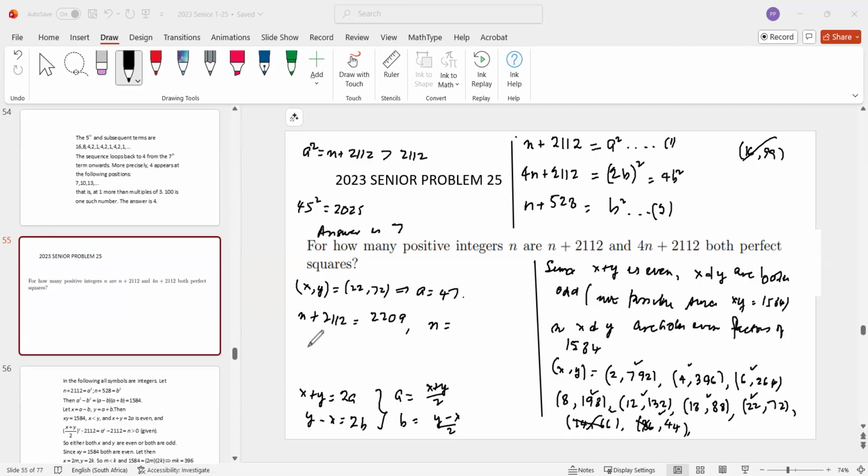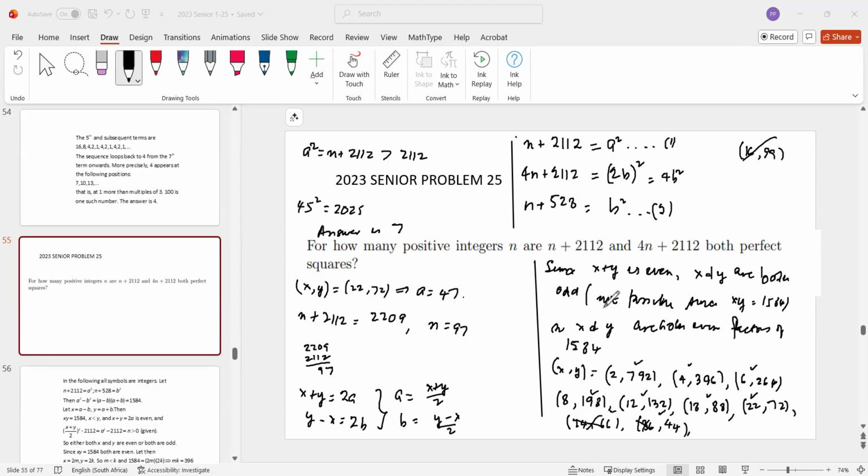What is 2209 minus 2112? There's a 7 here, there's a 9. Yeah, 97. So 97 plus this gives you 2209. So n is 97.